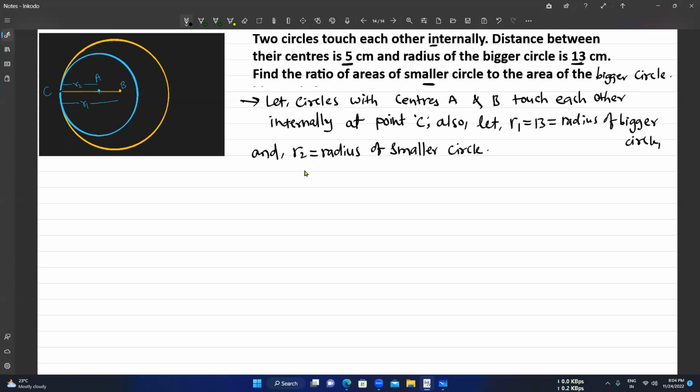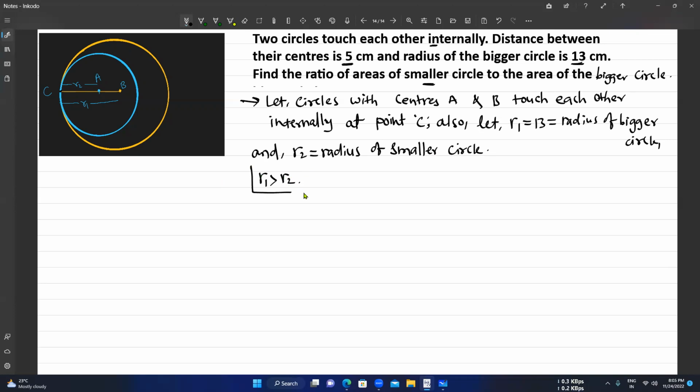As we defined the radii of the bigger and smaller circle, we can certainly write that R1 is greater than R2. Why? Because R1 is the radius of the bigger circle and R2 is the radius of the smaller circle.